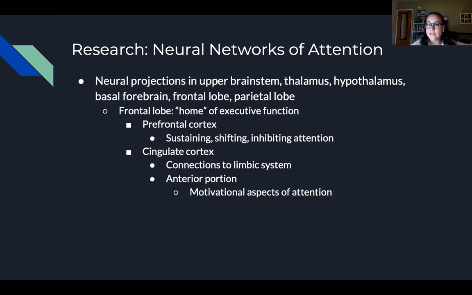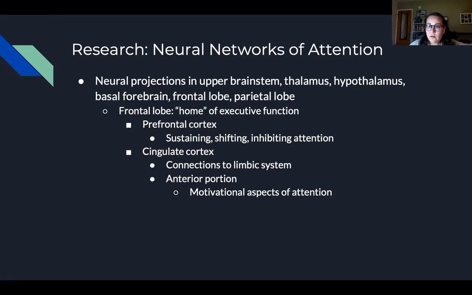And like we talked about, executive function has a lot to do with our initiation of attention, deployment of attention, sustaining our attention, shifting our attention. And so within the frontal lobe, there are two areas that are especially crucial to attention.